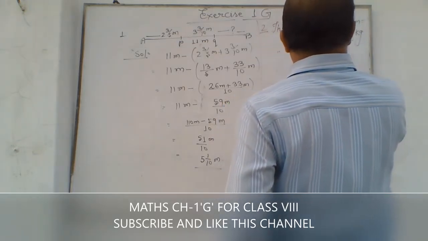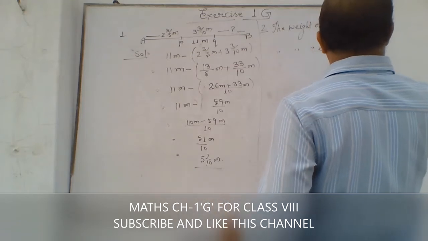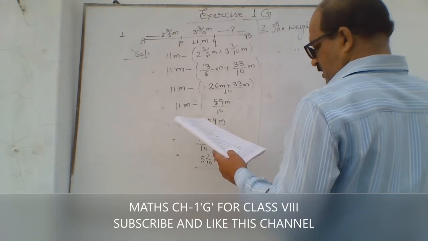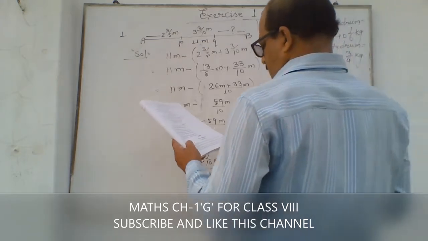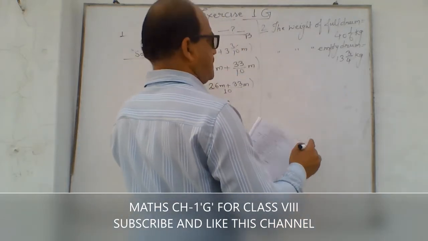The weight of the empty drum is equal to 13 whole 3 by 4 kg. Weight of rice.